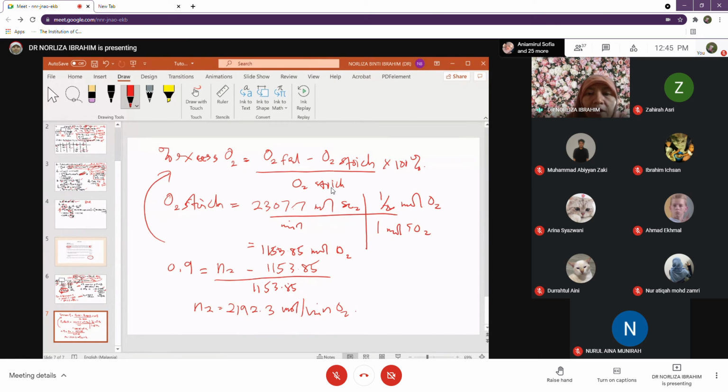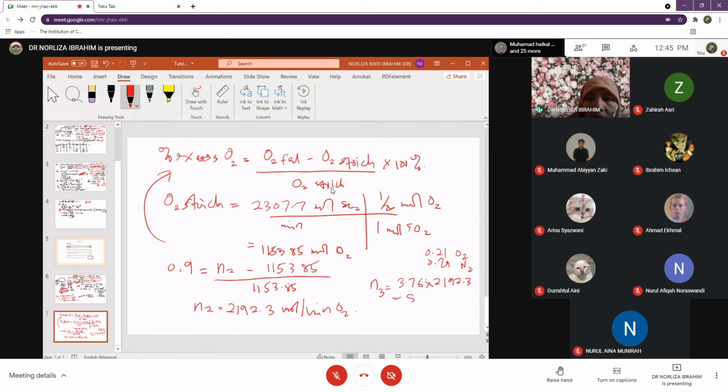Now, nitrogen: you know the ratio of oxygen to nitrogen in air, 0.21 oxygen, 0.79 nitrogen. So the ratio is 3.76, nitrogen to oxygen. So N3 is 3.76 times 2192.3.